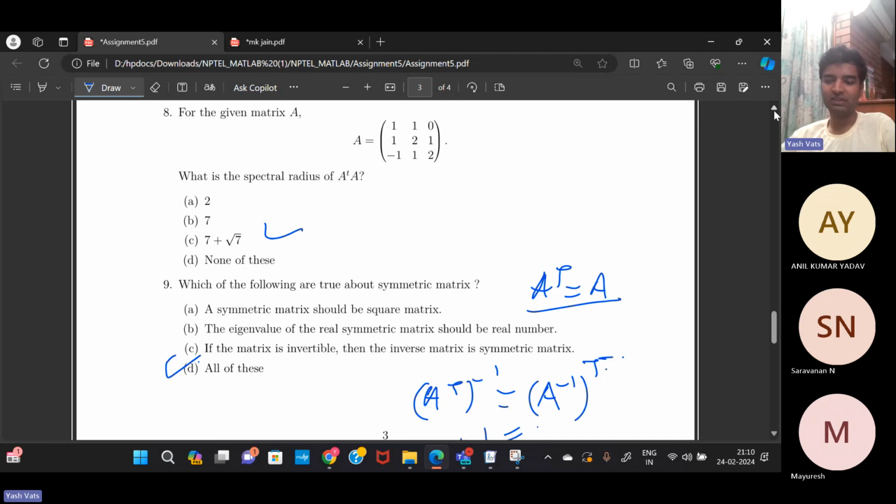We have completed the roots of the equation part using different methods initially, and then this matrix part. The next assignment will be a different topic. Matrix theory is finished.